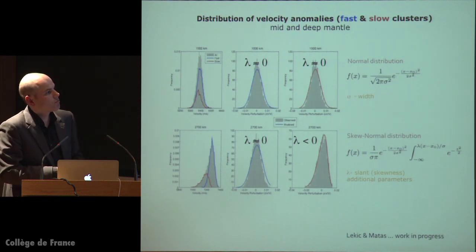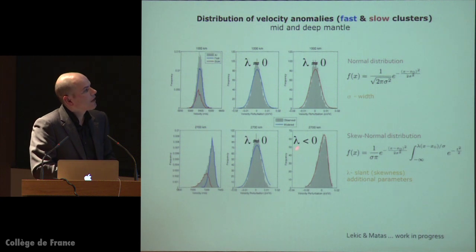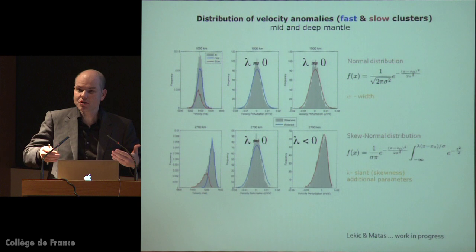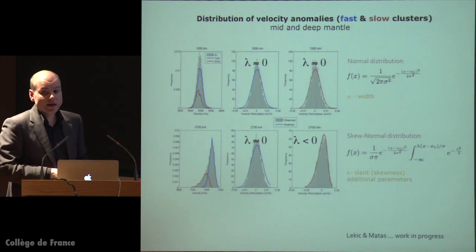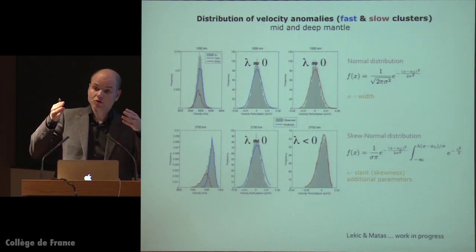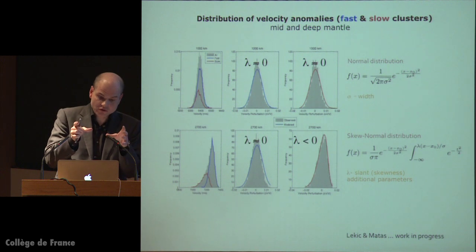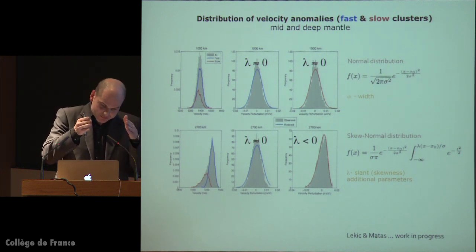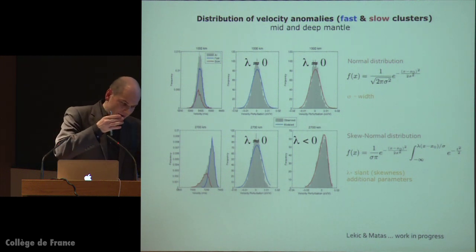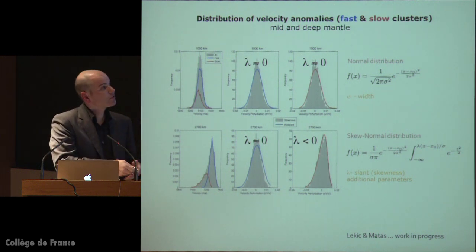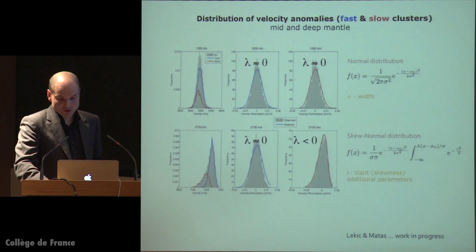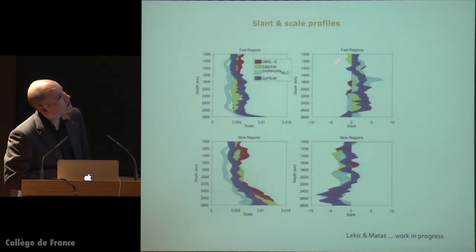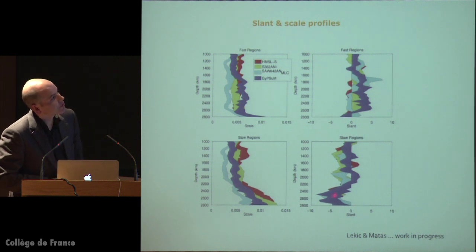You can compute the skewness, and we only find a significant difference from 0 for the skewness in the case of the slow cluster, or the velocity distribution related to the slow cluster in the bottom of the mantle. So we try to do it at each depth, and we can look at this figure here.